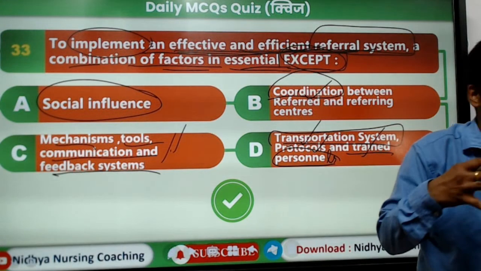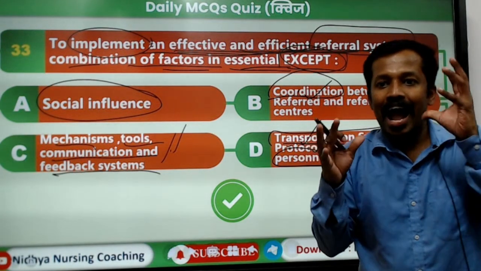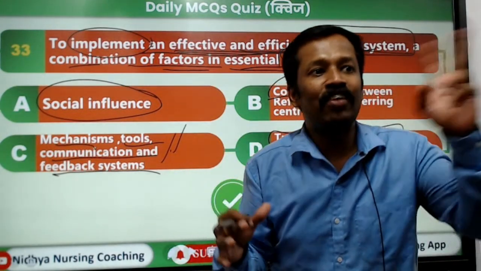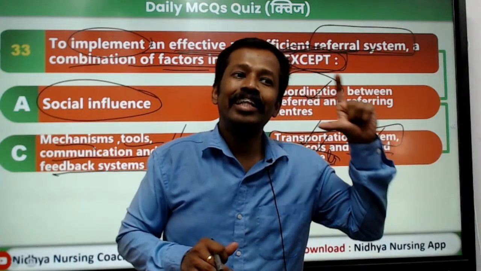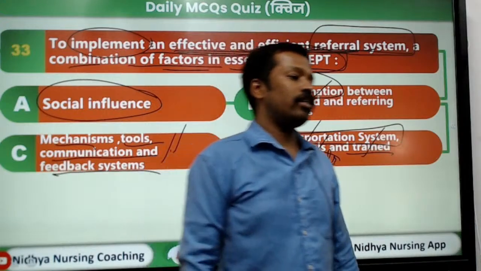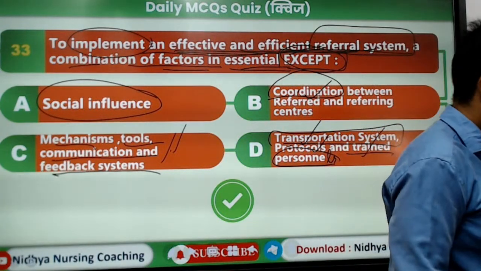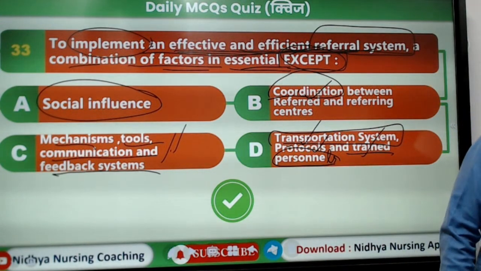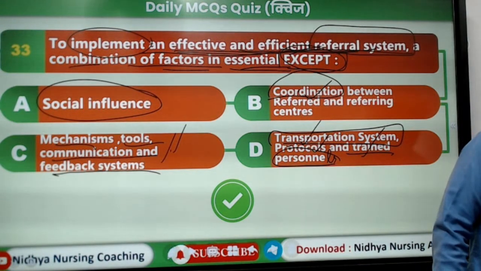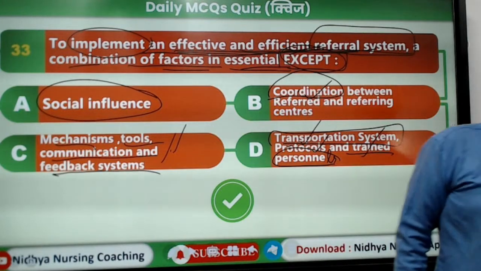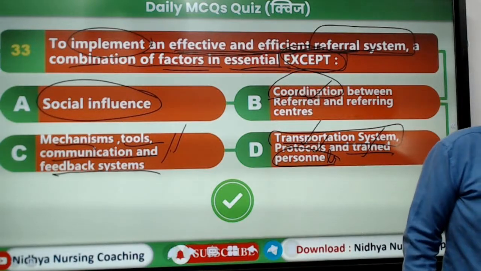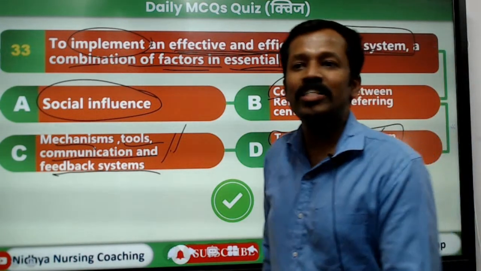We have some factors, and as a combination of those factors we can implement a referral system, but one is not that much necessary. And what is that? What is the answer?